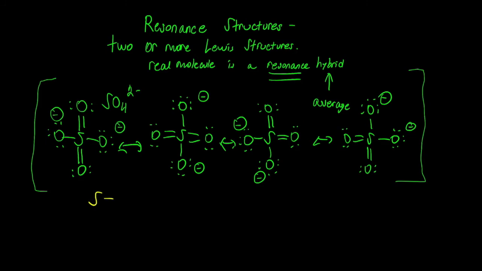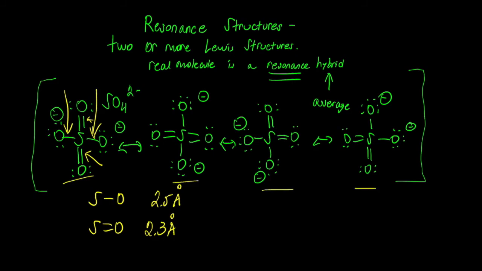So this is where we write some data on the board. I say a sulfur-oxygen single bond might be 2.5 angstroms, and an angstrom is 10 to the minus 10th meters, and a sulfur doubly bonded oxygen might be shorter at 2.3 angstroms, okay? So do we find a molecule with two short bonds and two long bonds in it? Each of these molecules should have two short and two long, and what we find is not that at all.